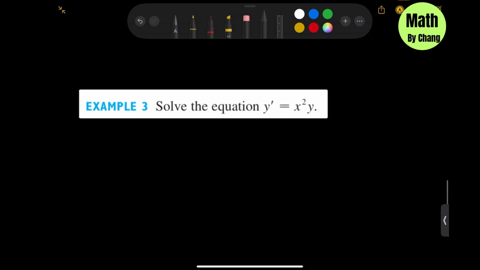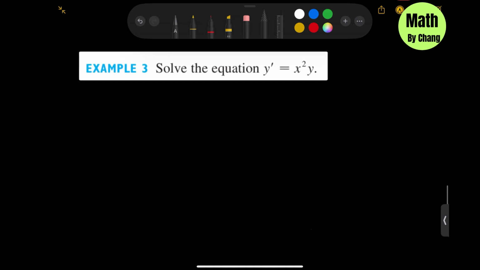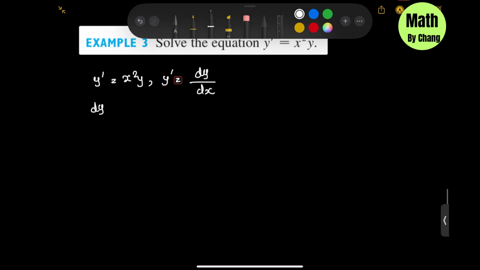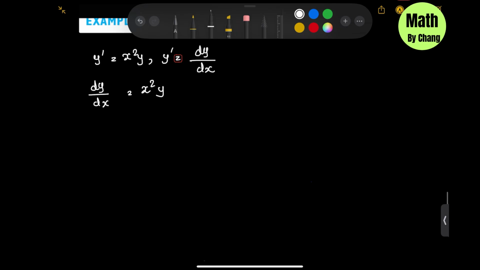So let's continue to the third example. This one is also very easy, and I'm sure you will get this one. So the question is y prime equal to x squared y. What is y prime? It is a derivative, the first order derivative, right? Which means dy over dx. So here we get dy over dx equal to x squared y.